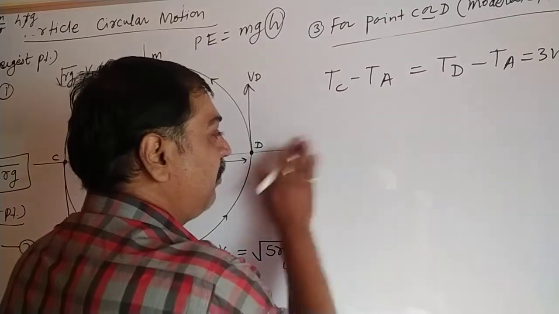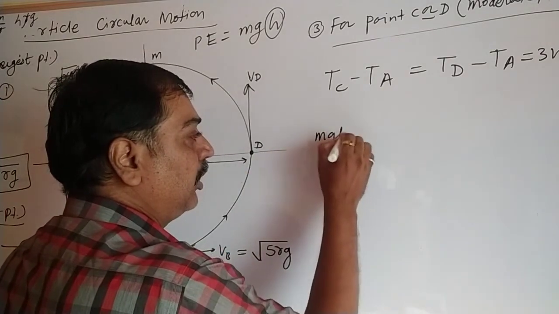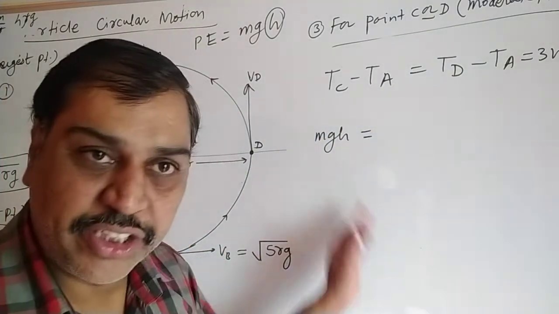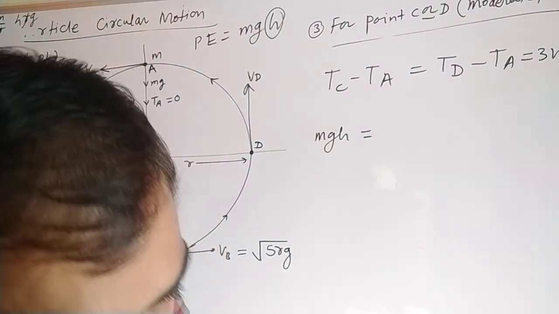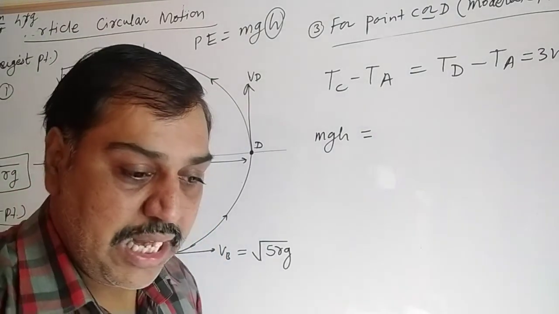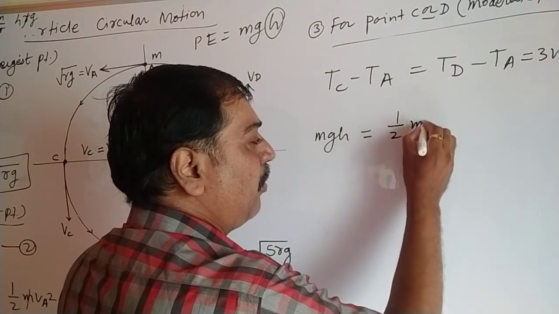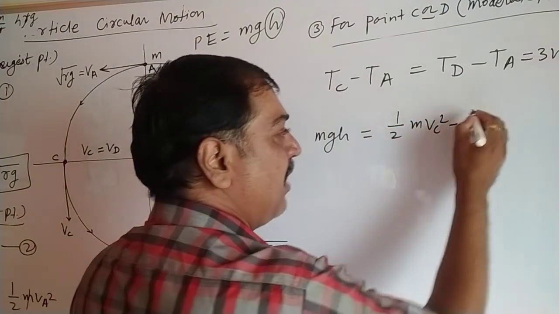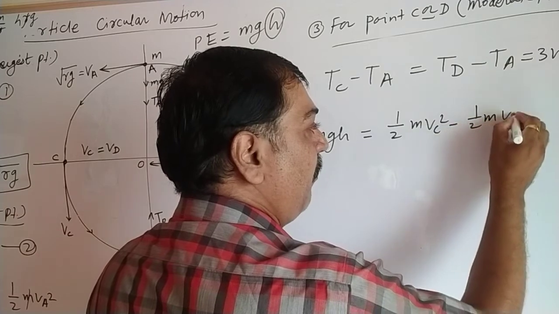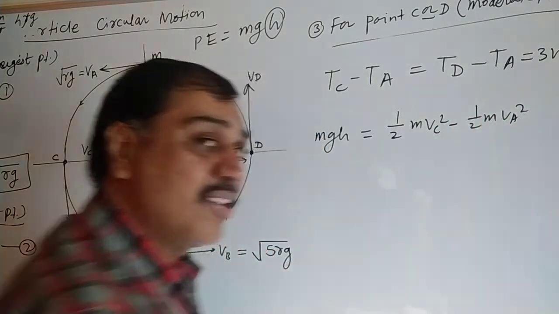So we can write mgh equal to the increase in kinetic energy, 1 by 2 mvc square minus 1 by 2 mva square. This is the equation for C.